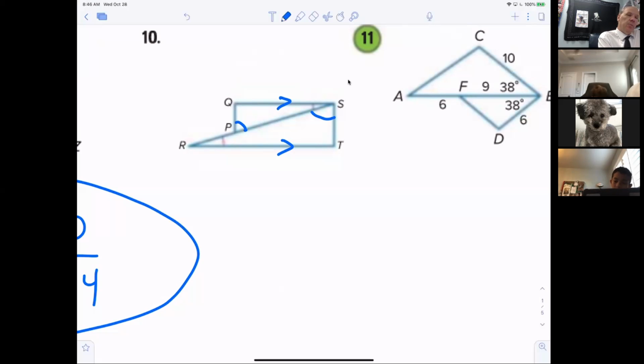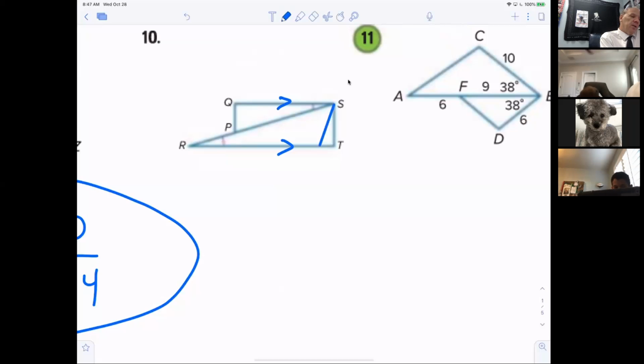But they're missing something important, right? I wish on this figure they would have done this. Then you would be correct. You agree with me now? You can't say that they're right angles, because we don't know that ST is parallel to QP. Think about if I did this.